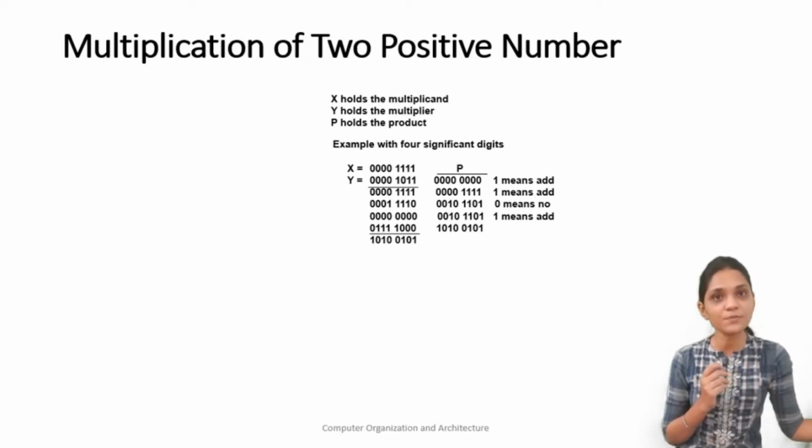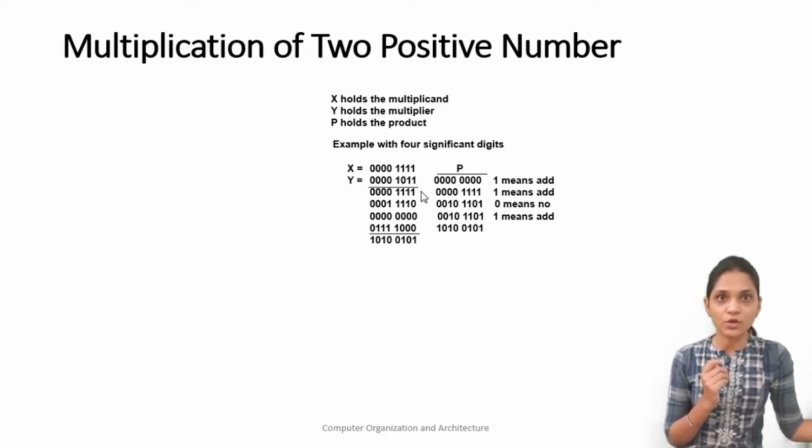After these partial products, you have to do the addition of these 4 numbers. We add 1 and 0, your result will be 1. Then add 1 and 1, your result will be 0 and carry will be 1. Then add 1, 1 and the previous carry 1, your result will be 1, carry 1. Then 1, 1, 0, 1 plus the previous carry 1, your result will be 0 and carry will be passed on to the next, and so on.